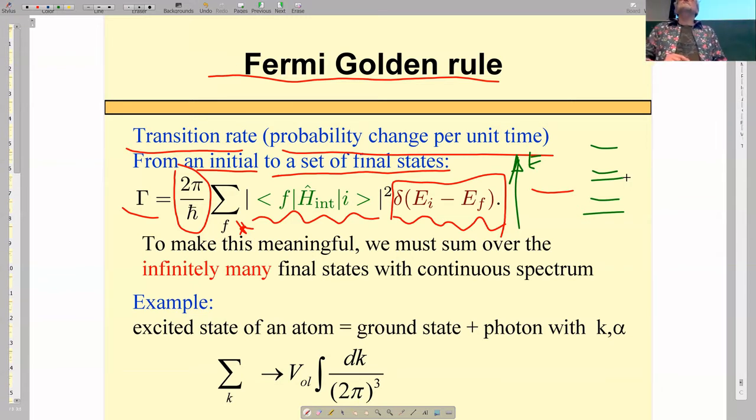It is zero. Perhaps I have too few final states. Let me make more. No, they don't match. Transition rate is zero. Good.